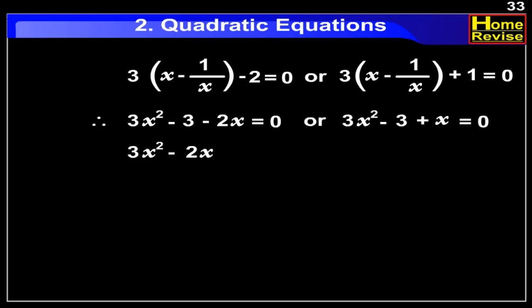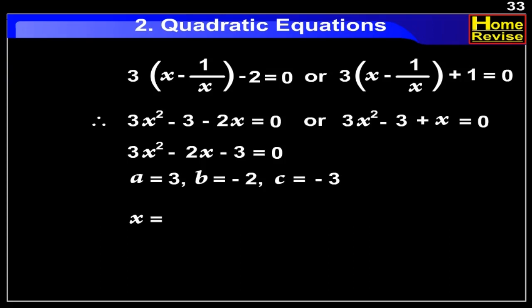For equation 3x² − 2x − 3 = 0, we have a = 3, b = −2 and c = −3.